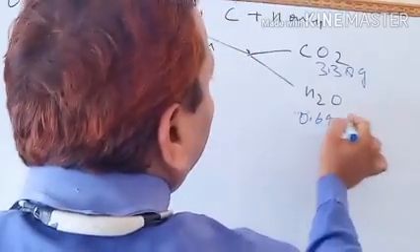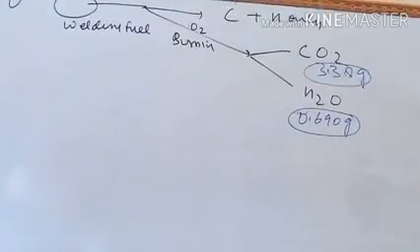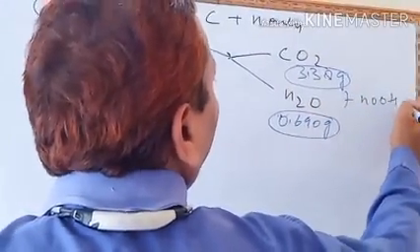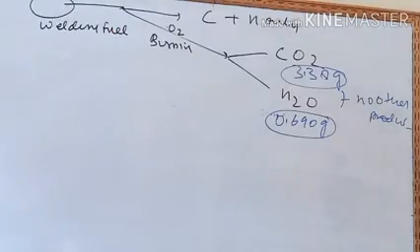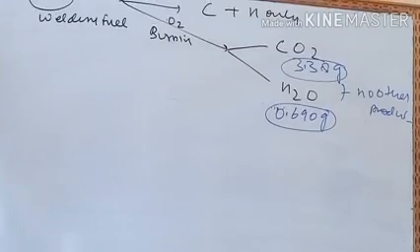So children, the mass of water is given, and the mass of CO2 is given. It is also saying that no other element and no other product is formed.